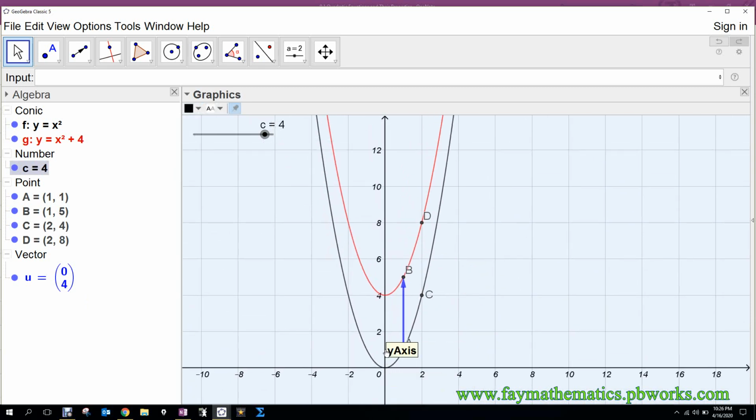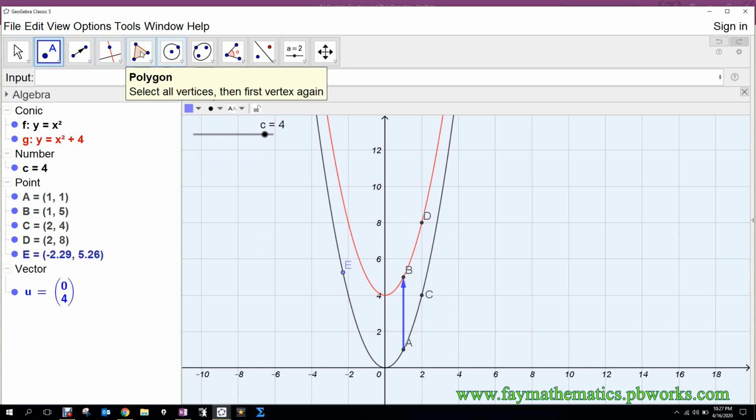So we could do this everywhere. (0, 0) would be a point on this parent function, and (0, 4) is on this one, so that distance would be 4. I should be able to put a point that I can move here, and let's make a vector. I think it's vector start point.